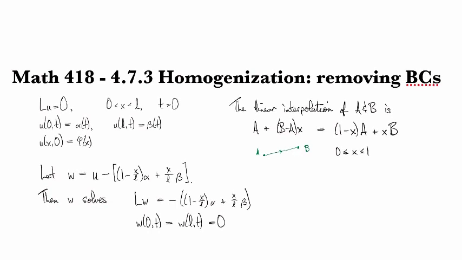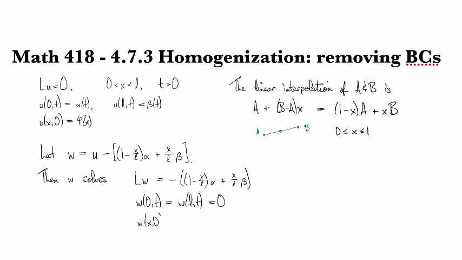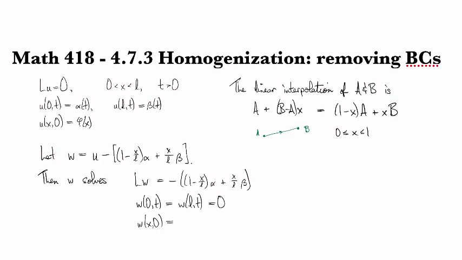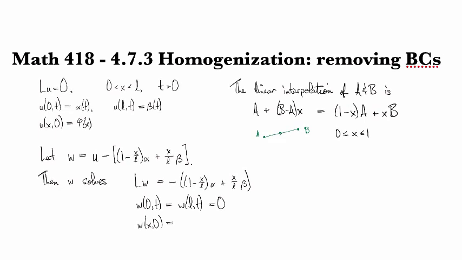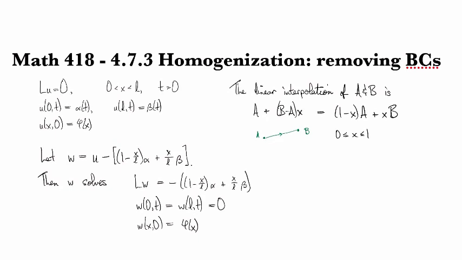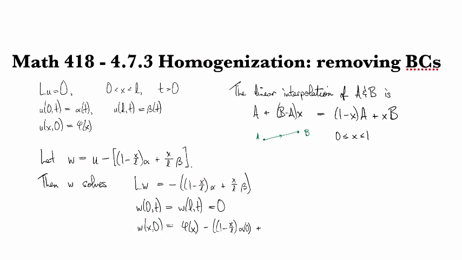And then we have to pick up the slack and check to see, okay, so what got stuck in the initial conditions. And so if you evaluate W at t equals 0, then you're going to be looking at whatever you got from the U portion, and then also whatever you got from the other part. So this will be 1 minus x over L alpha 0 plus x over L beta 0.